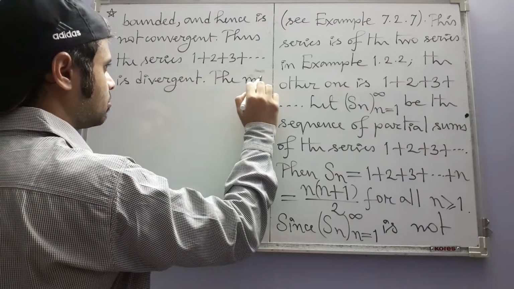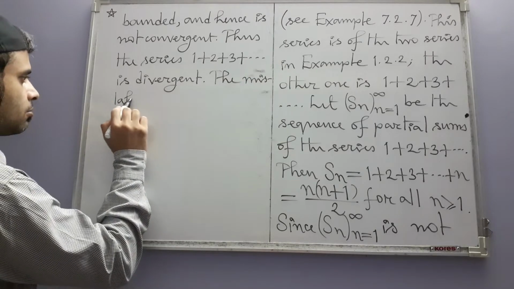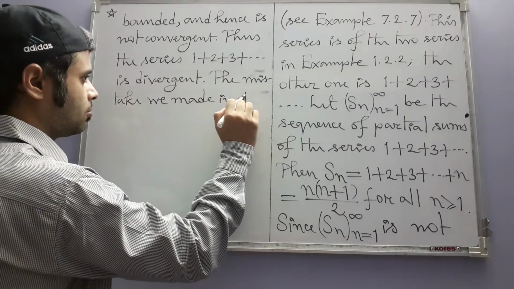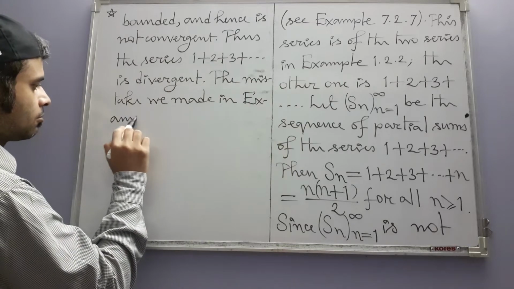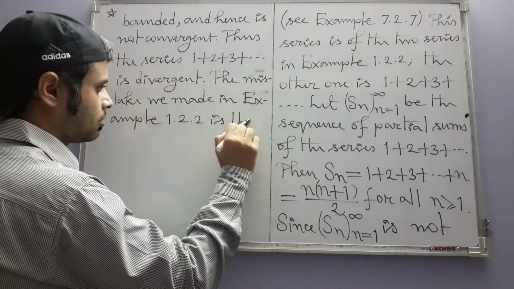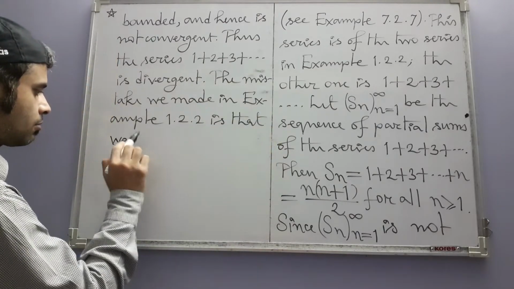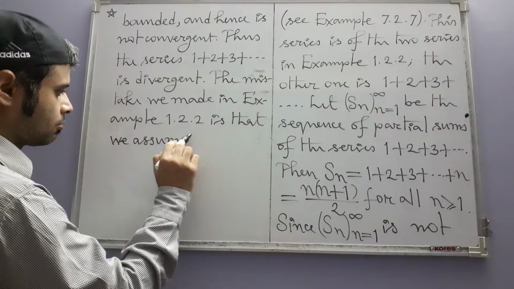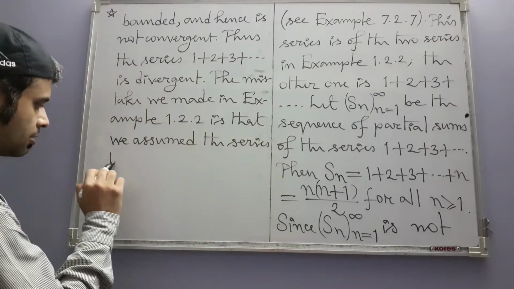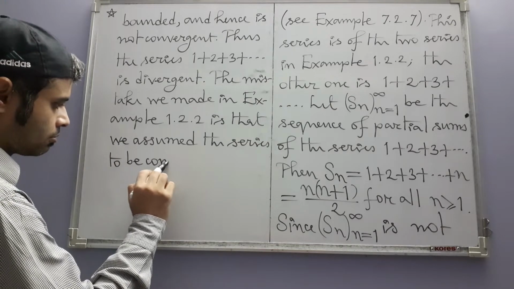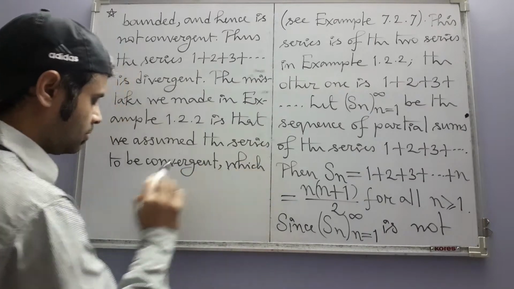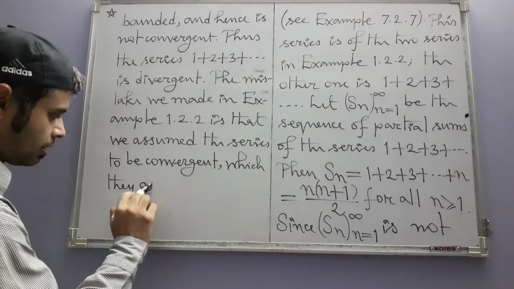So the mistake we made in example 1 2 2 is that we assumed the series to be convergent, which they are not.